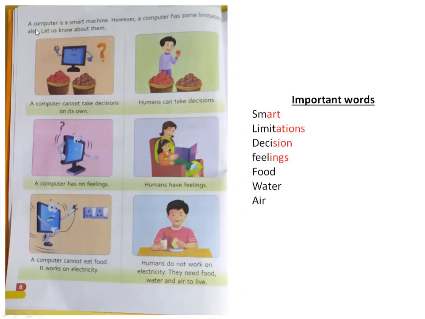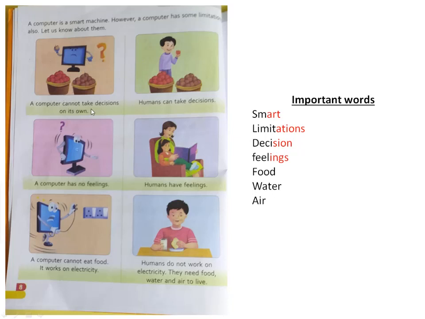Next page. A computer is a smart machine. However, a computer has some limitations also. Let us know about them. What is limitation? Limitation means something that it cannot do. What are those things?